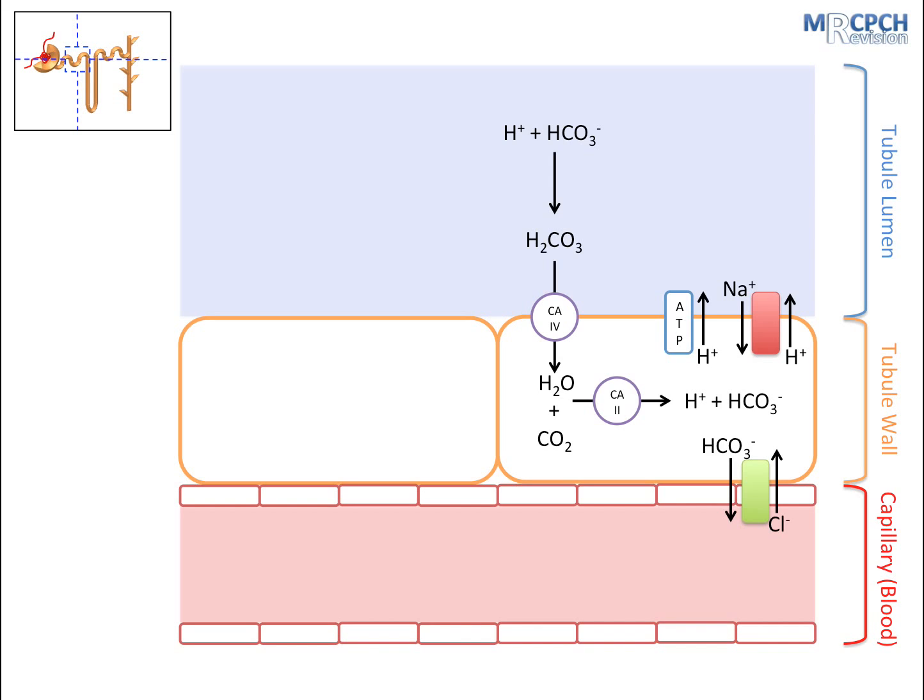The bicarbonate is then exchanged with chloride from the circulation, and is reabsorbed into the circulation. And the protons are either actively secreted by a proton ATPase or exchanged for sodium from the filtrate. The protons are then excreted in the urine, and the bicarbonate is reabsorbed into the blood.